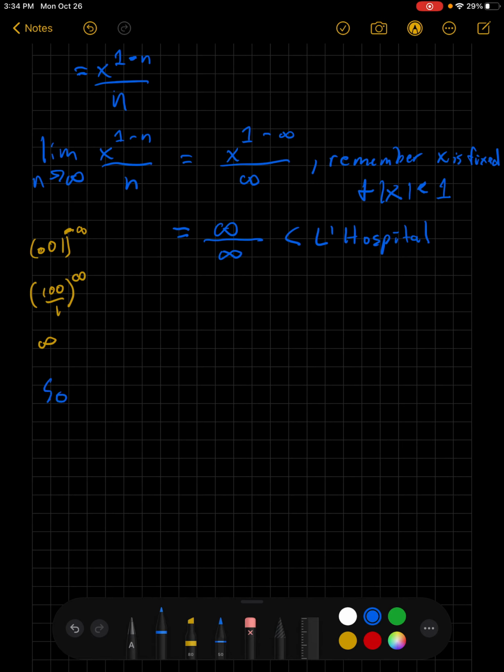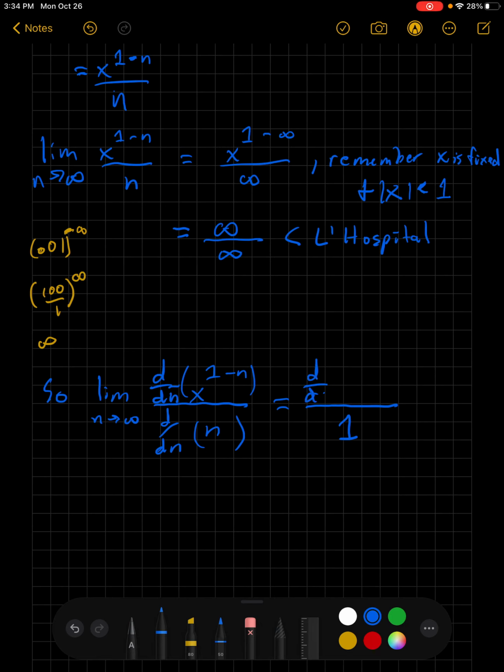So if I apply the derivative of the top, oh, and not x. Remember, we're doing everything with respect to n, because x is fixed. What does that equal? Well, the derivative of the bottom, n, will be 1, and the top is a little hairy.